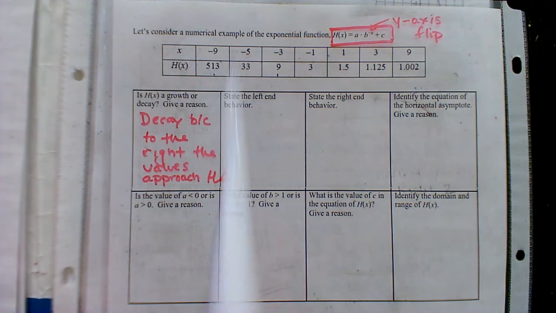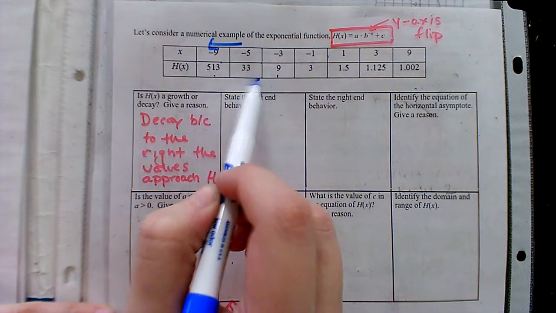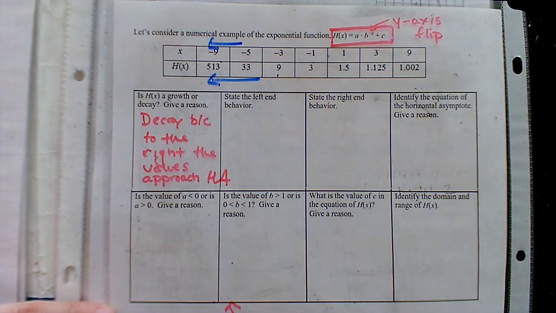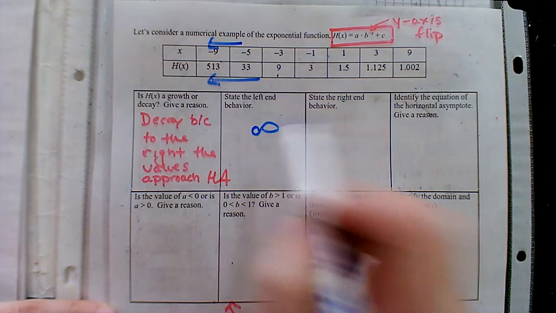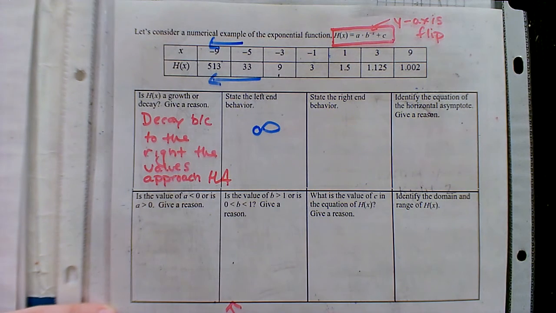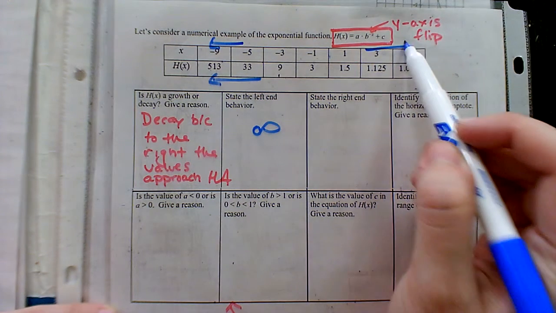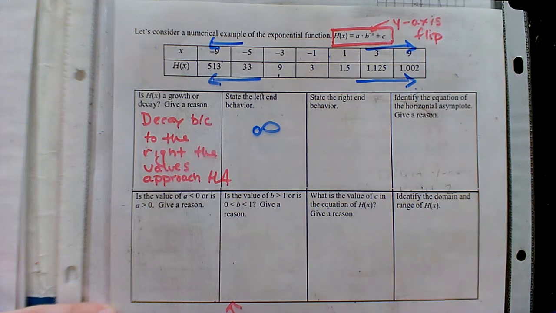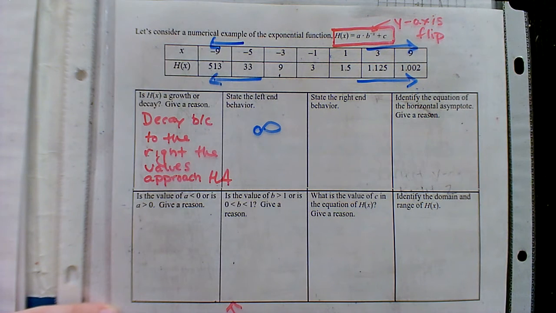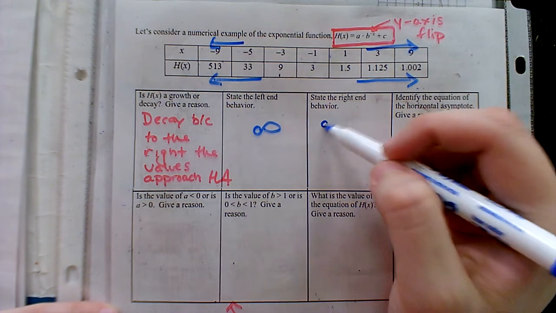Let's see, if you trace the left-hand side of the table, what are the y values doing? They're getting closer to infinity, all right, so we're going up forever. What about the right-handed side? If you travel to the right, what are the y values doing? Good, Kyle? Approaching 1.